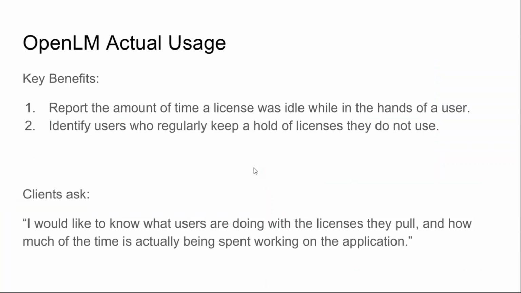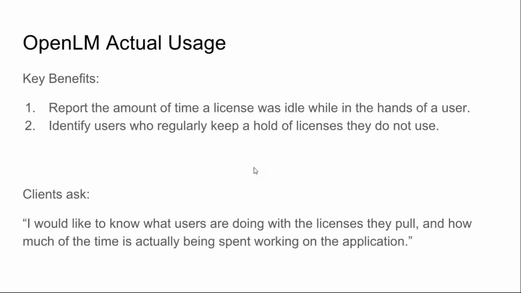And now we will start going over the more complicated extensions of OpenLM. So, for example, we have the OpenLM actual usage, which allows you to monitor the applications and get the idle time when a license is pulled and an application is open on an end user machine, meaning that you'll be able to know when the user is actually using the application and when the user is, I don't know, working on something else, just on Facebook.